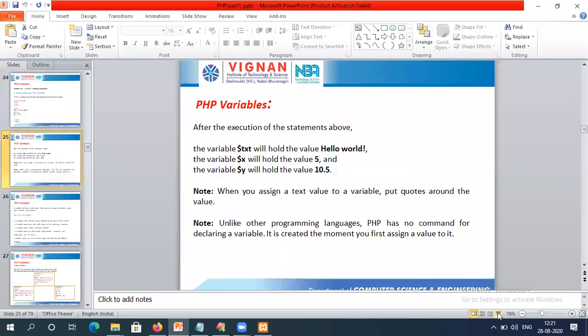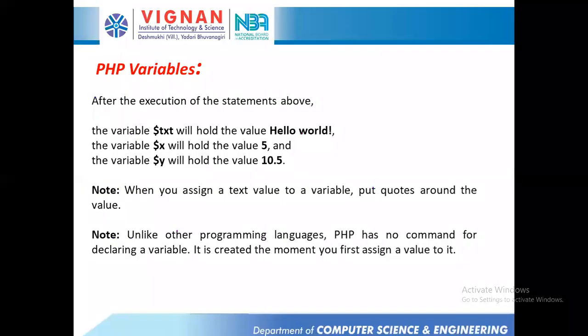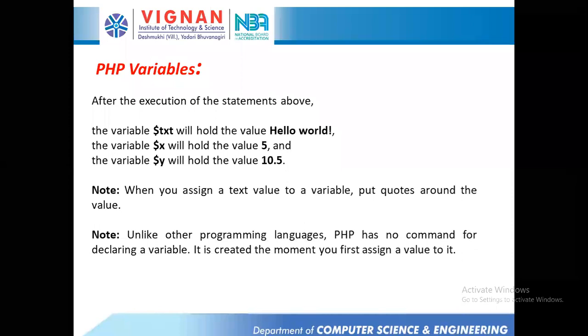Next, the same explanation I have written here. The variable $txt will hold the value hello world, the variable $x will hold the value 5, and the variable $y will hold the value 10.5. Just to make a note, when you assign a text value to a variable, put quotes around the value.